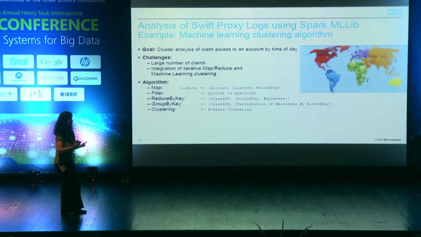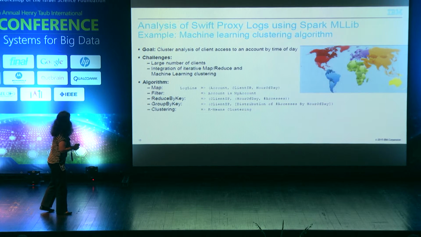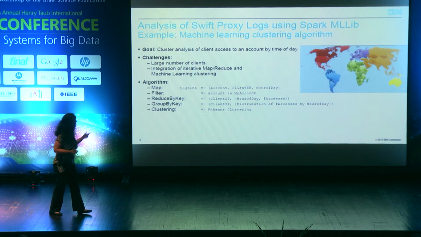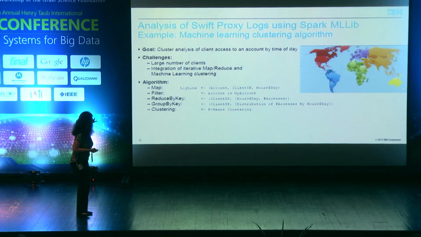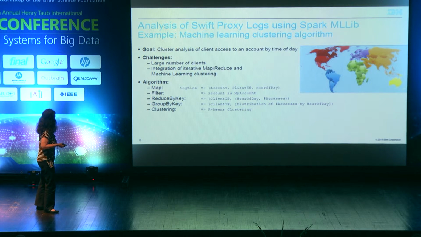Then we can study the patterns and, of course, some unusual behavior, and anomaly detection. So again, the challenge is that you have a large number of clients, and here there is an integration of both iterative MapReduce and machine learning clustering algorithm.